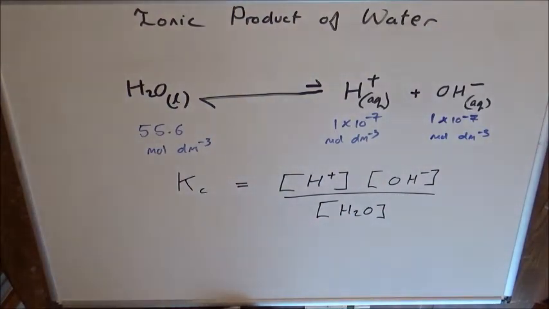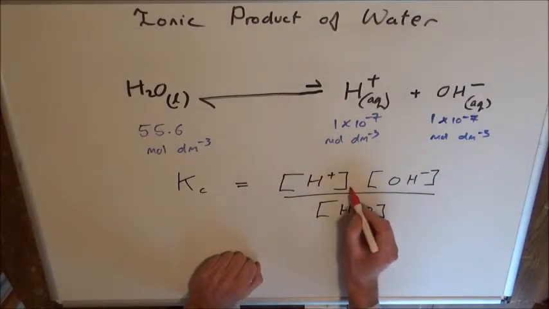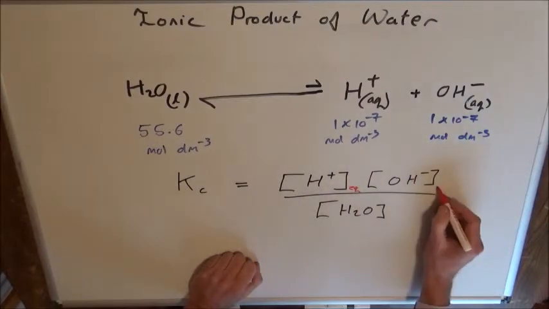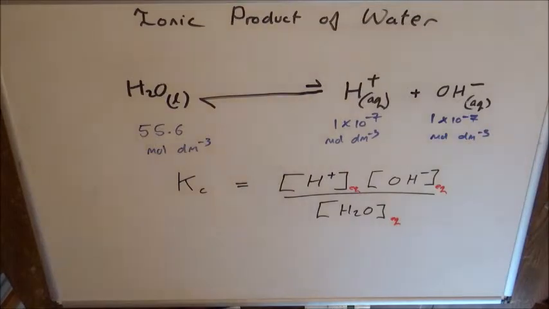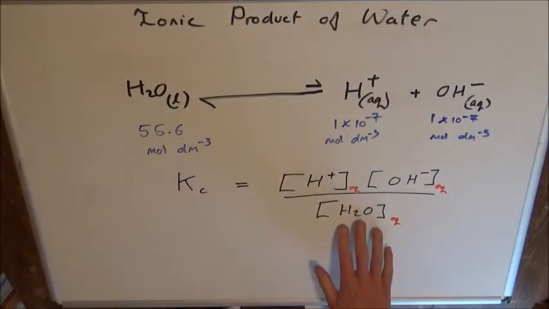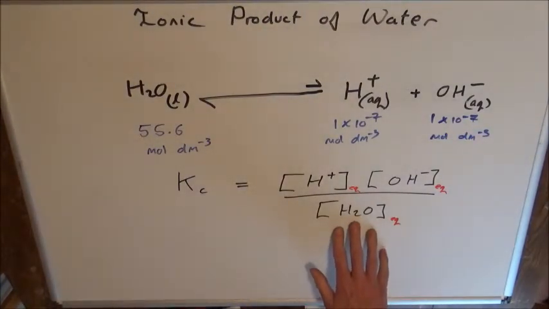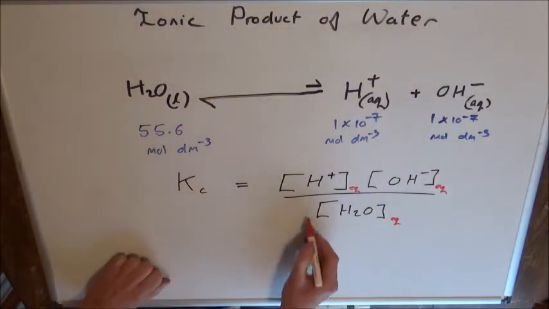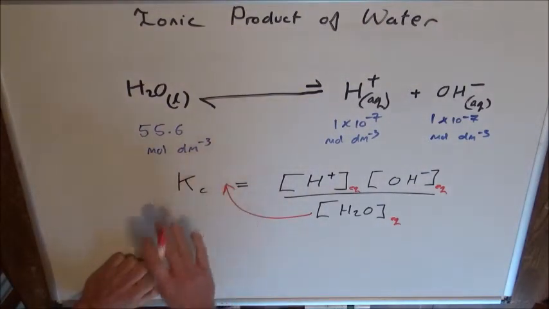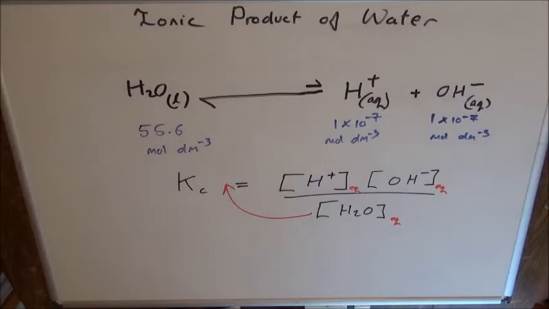Always remember that these concentrations refer to the values when the system is at equilibrium. Now, because the water concentration is such a large number and it's constant, it's not going to change. So I'm going to put it over here with this other constant, getting both of the constants at the same side of the equation.